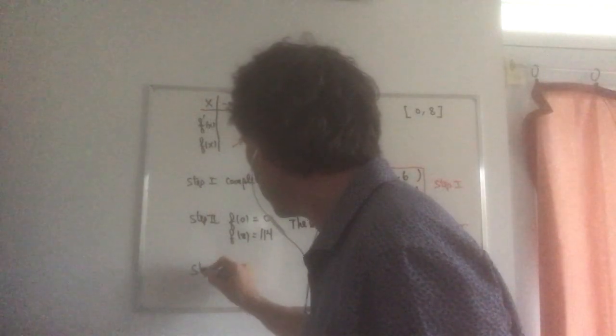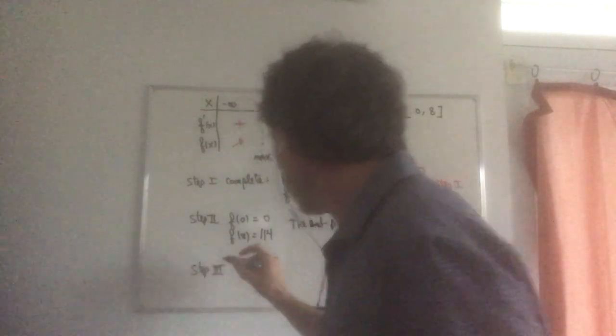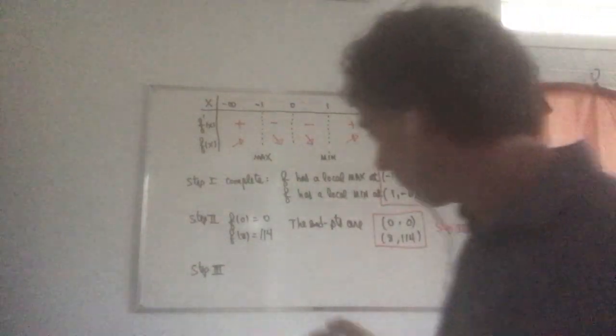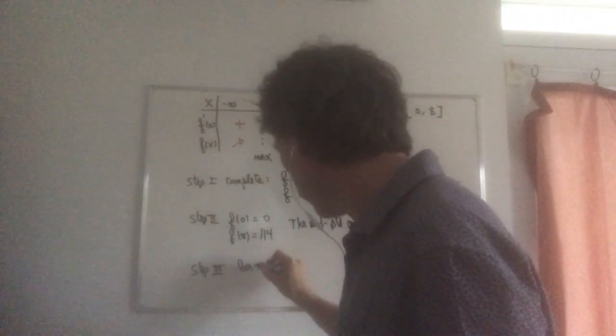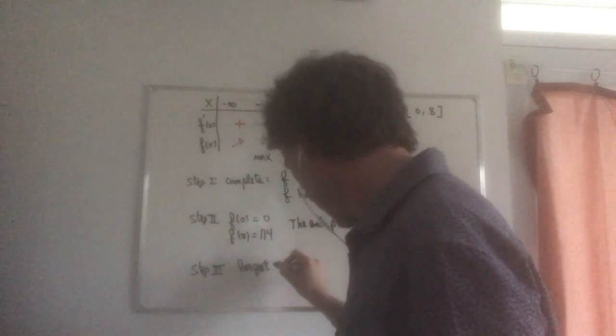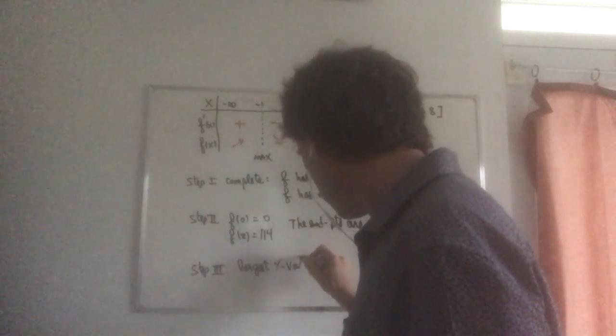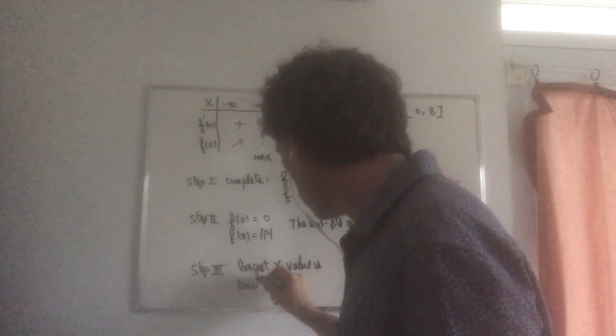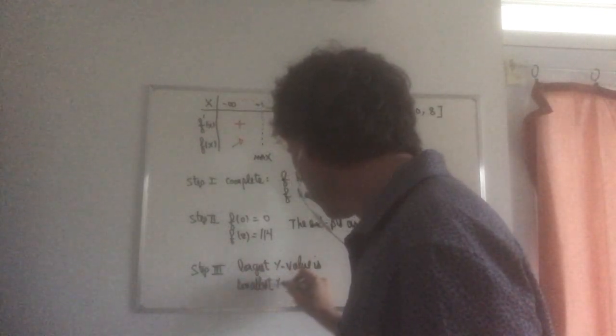So to complete the problem, we make a list, which I've already conveniently done over here, and I simply find the largest y value and the smallest one. Largest y value is what? Smallest y value is what?